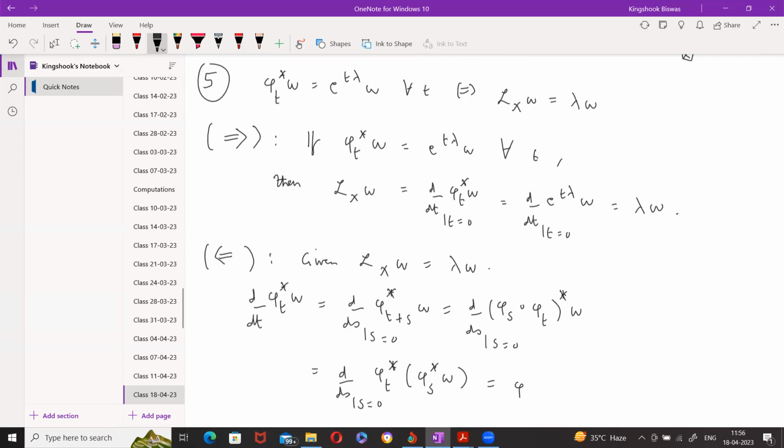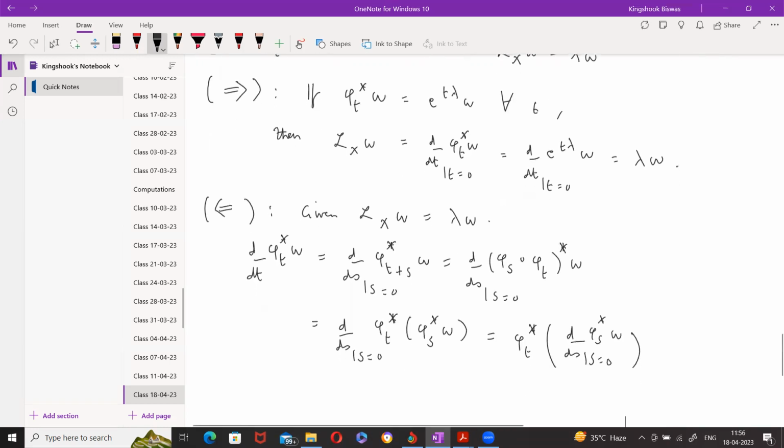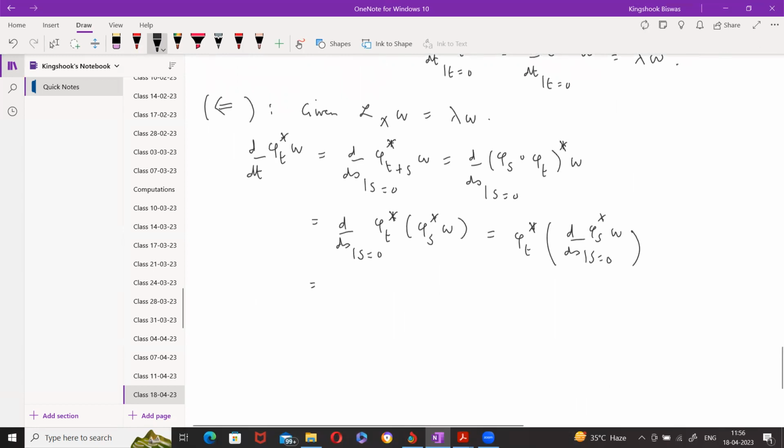So this will become phi t star of d/ds at s equal to 0 of phi s star omega. So this is the Lie derivative. So this is phi t star of Lx omega. Lx omega is lambda omega. So this is phi t star of lambda omega. So this is lambda phi t star of omega.